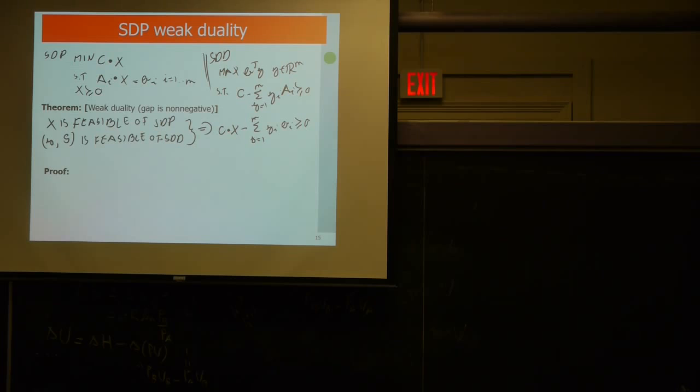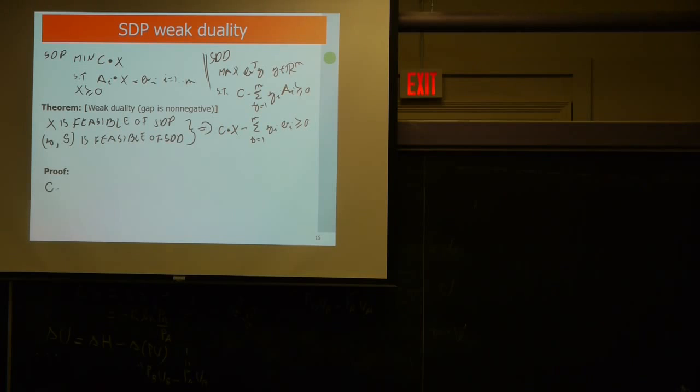That's the weak duality theorem. It's a complete analog of the LP. The proof should be exactly the same as we proved for LP.